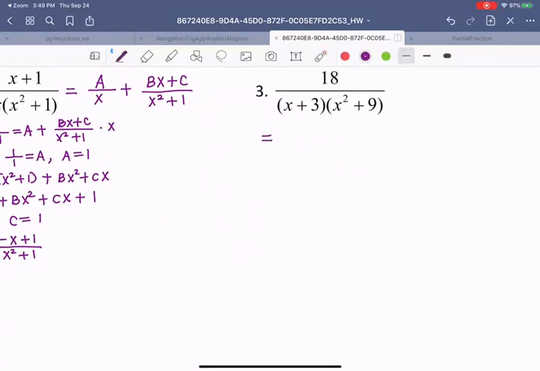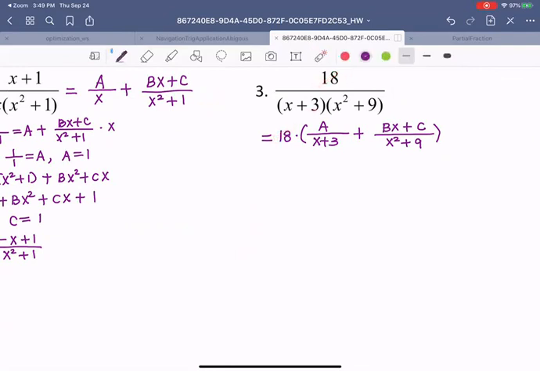Actually, I want to put 18 in front. So x plus 3 and then a, then plus bx plus c over x squared plus 9, right? Now actually the 18 and 18 can be gone.